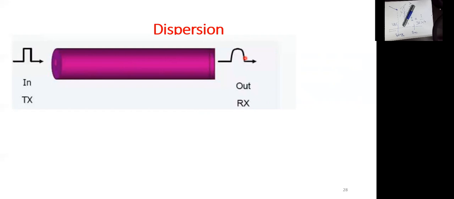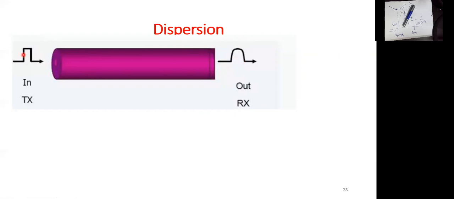And the other phenomenon is if you have an input pulse of width, let's call it capital T, the output pulse will have a width, let me call it T dash, where T dash is greater than T. This is the dispersion effect.